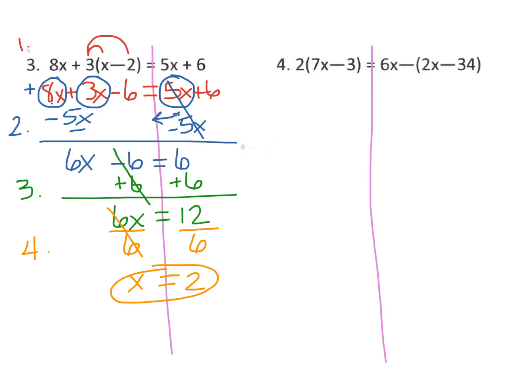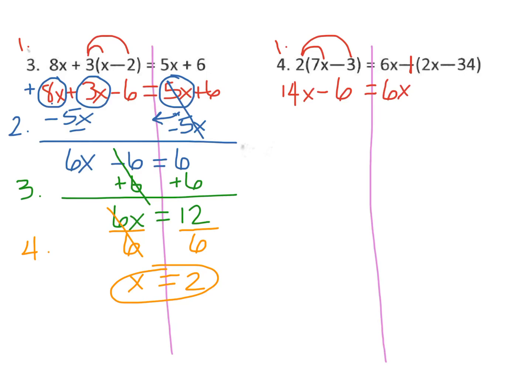All right, example number 4, beginning with step 1, I need to distribute to get rid of these parentheses. Bring down the equals, bring down the 6x, and then I'm going to pause for a moment. I see a negative in front of another set of parentheses.